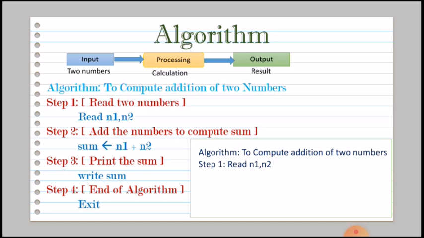Then in the second step we are adding n1 and n2, and that result is stored in sum. In the third step we are printing the output, that is, write sum or you can write print sum. And in the last step we have to stop the algorithm, so you can write either stop or exit. So you can choose either the first format or the second format.